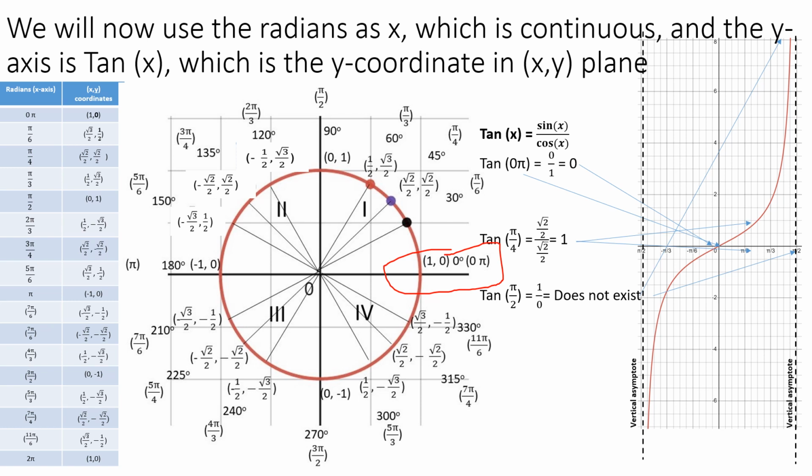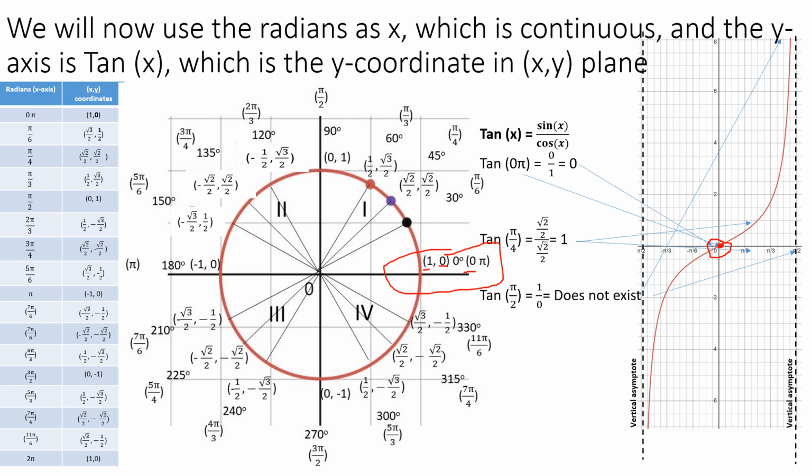Here is 0. And this would be my 0 pi right here. And notice it's sine x over cosine x, which in this case is 0 over 1. So it's 0.